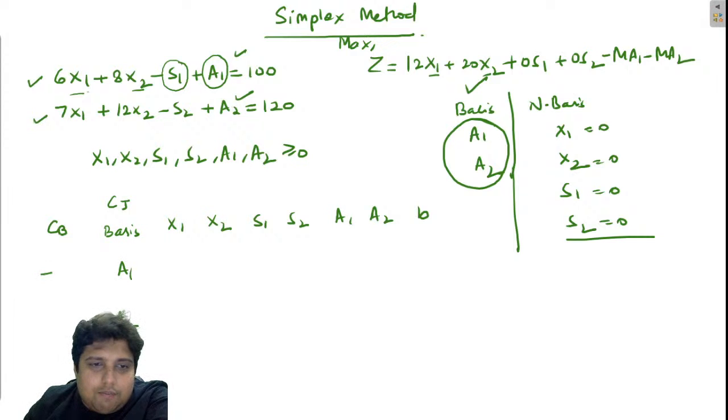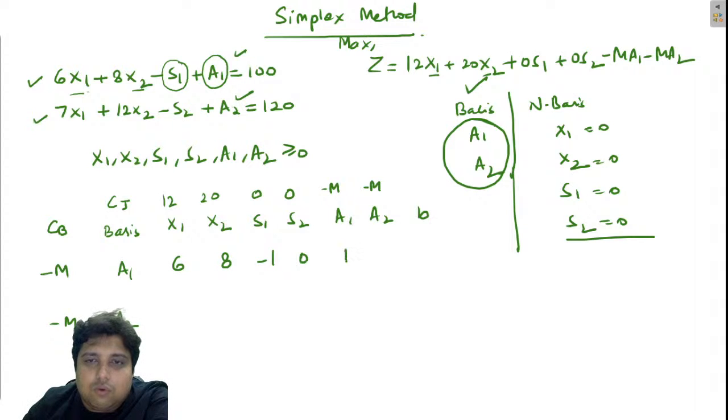Their coefficients are minus M. The coefficients are 12, 20, 0, 0, minus M, minus M. This row is 6, 8, minus 1, 0, 1, 0, 100. This row is 7, 12, 0, minus 1, 0, 1, 120.